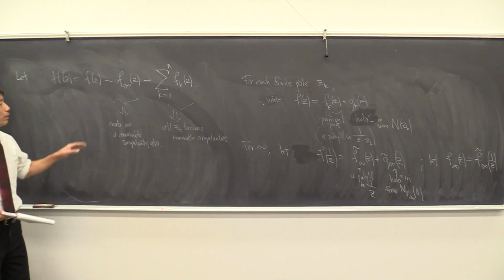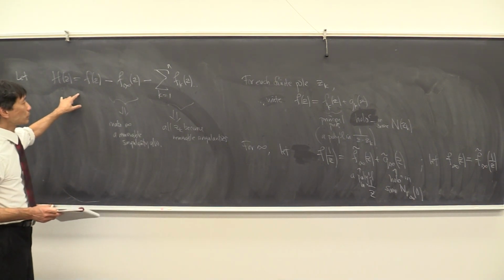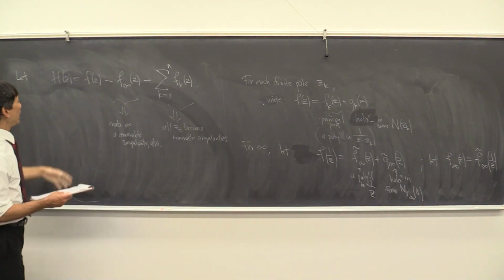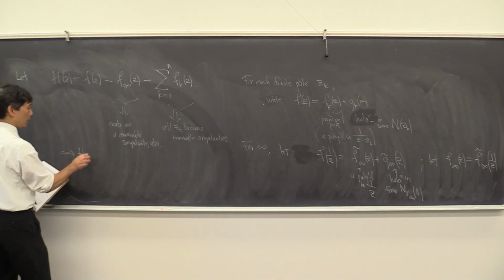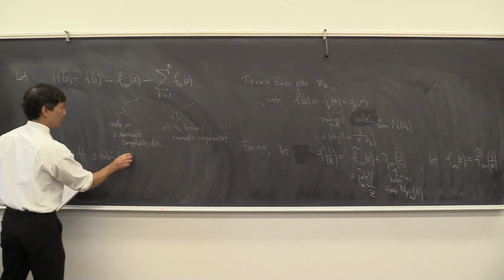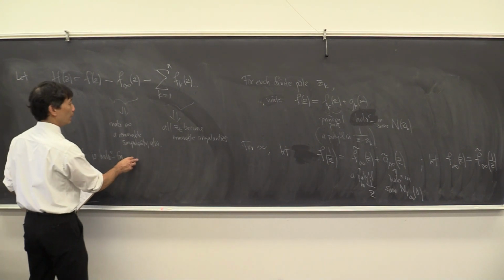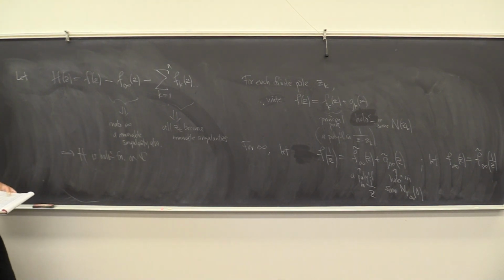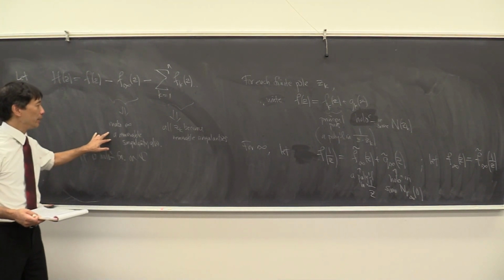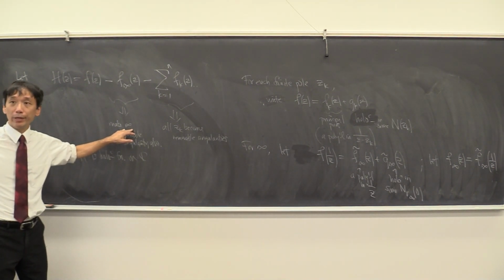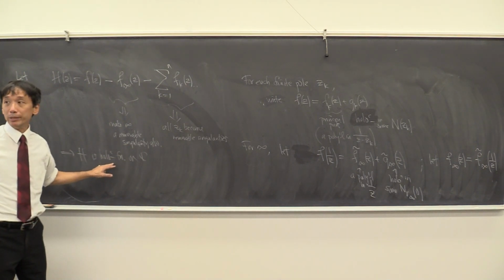So what's the end result? The end result is that h is a holomorphic function on the entire plane, but better than that, because infinity is a removable singularity, the function must be bounded.